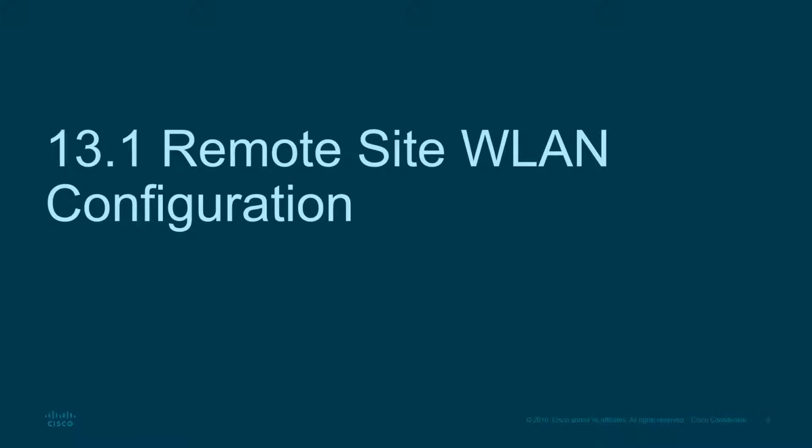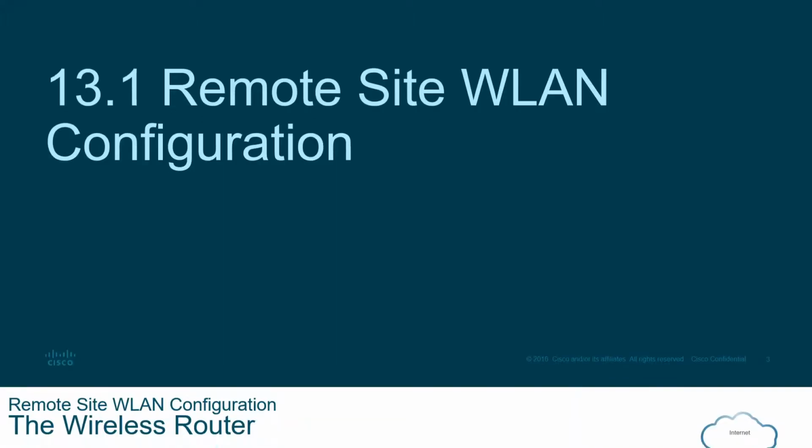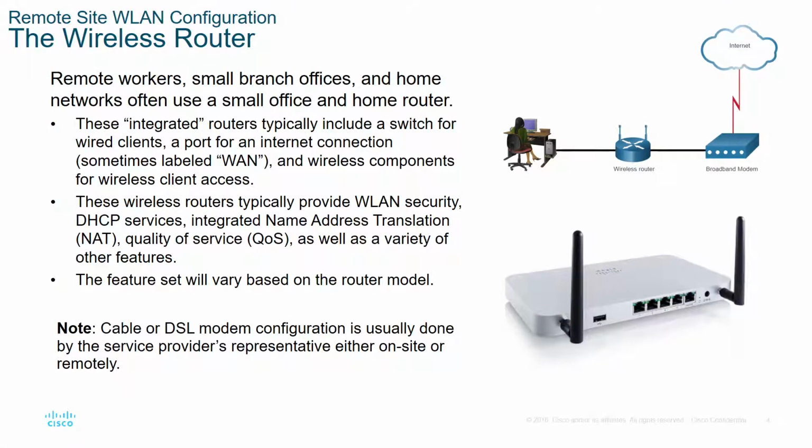Remote site WLAN configuration. The wireless router. Remote workers, small branch offices, and home networks often use a small office and home router. These integrated routers typically include a switch for wired clients, a port for an internet connection, sometimes labeled WAN, and wireless components for wireless client access.